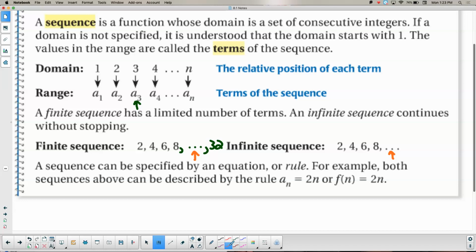If you take the term number and multiply it by 2, that gives you the value of that term. The rule is your pattern. Usually we'll write it in equation form, but I will also accept it in expression form. Questions on sequences and series?